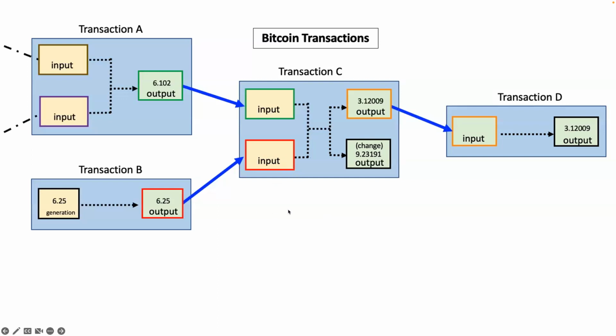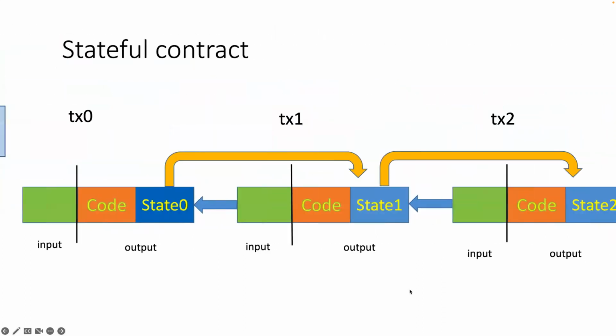So a lot of times, the contract has to maintain some kind of internal state. And then the question here is, if I only have UTXO, how do I maintain state? Turns out that the answer, I'm not going to give you too much of a thinking space here.